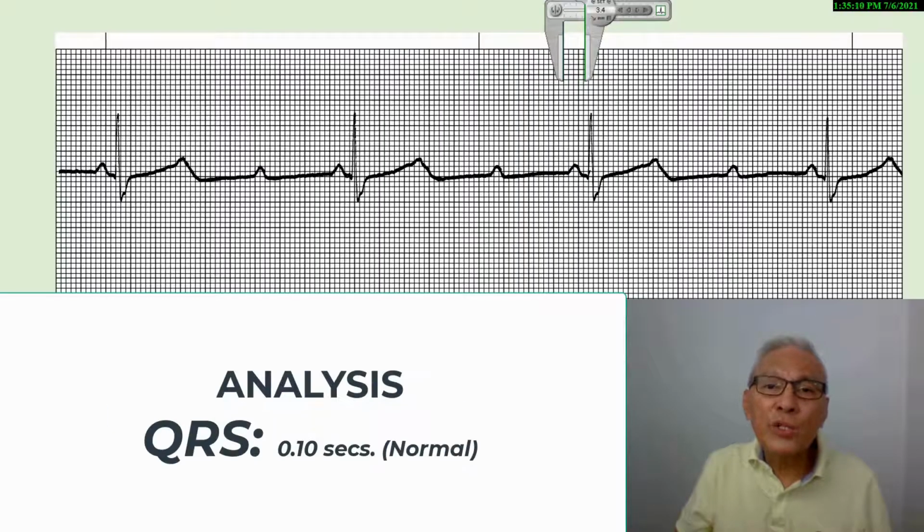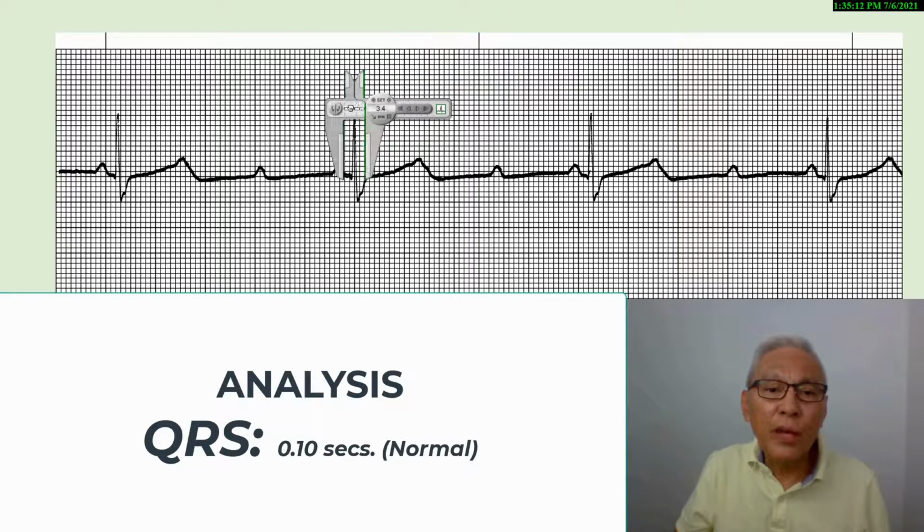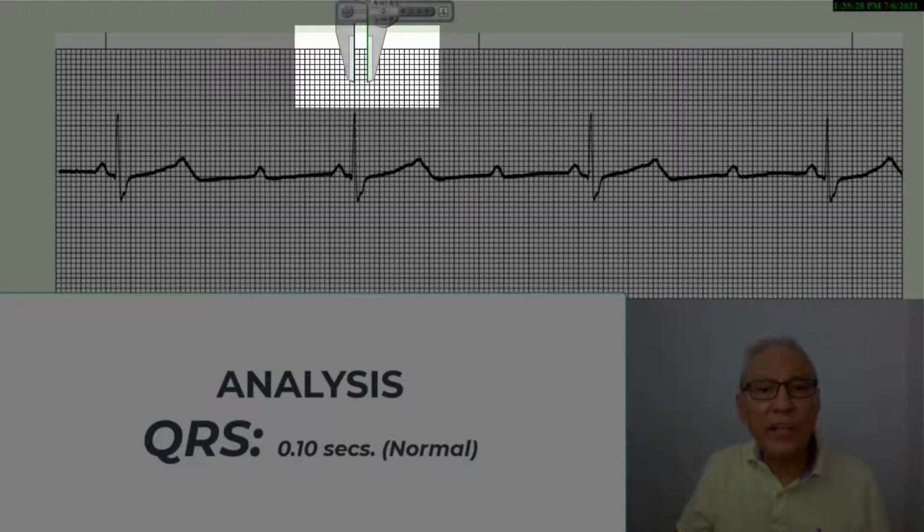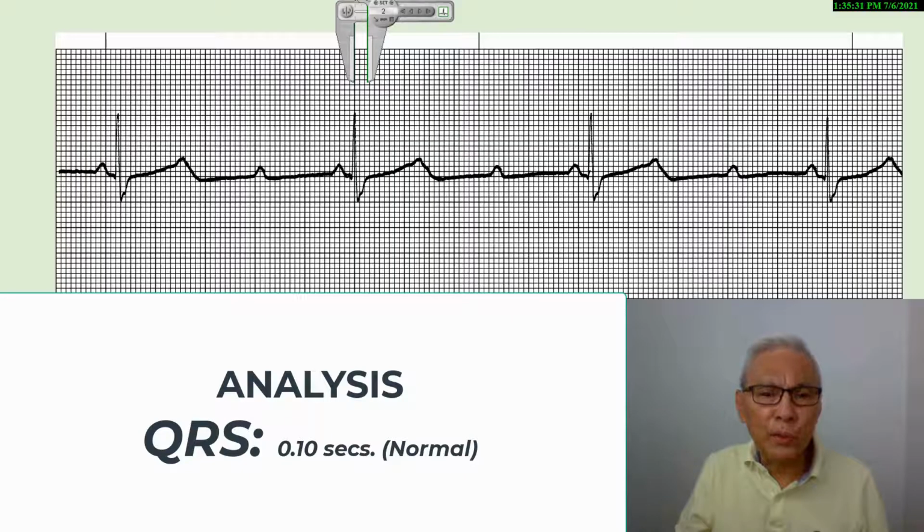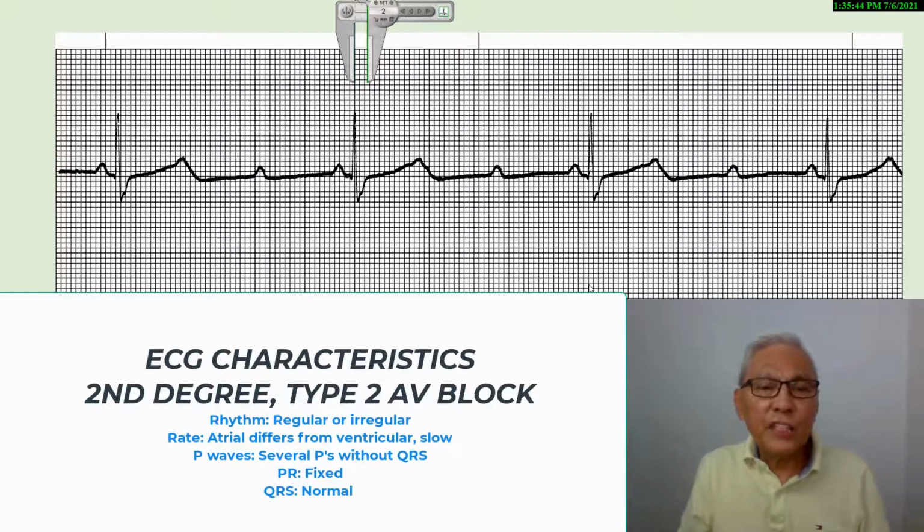The QRS is normal, so let's go ahead and measure our QRS complex. Our QRS is going to be around 0.10 seconds, and it is normal. The characteristics of a second-degree AV block are the following. Rhythm is going to be regular or irregular, depending on the ratio of P waves to QRS complexes.